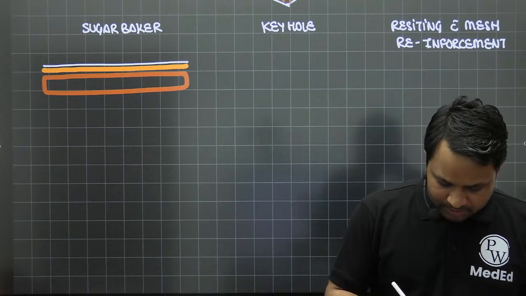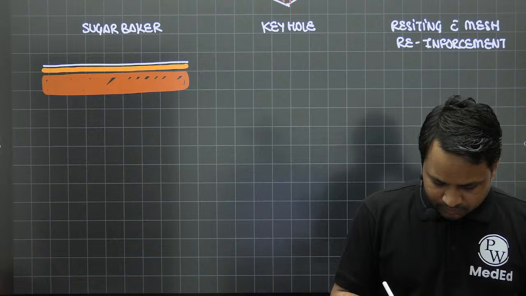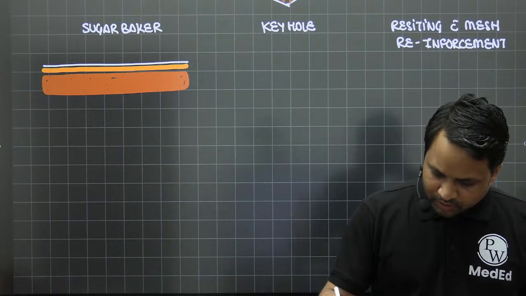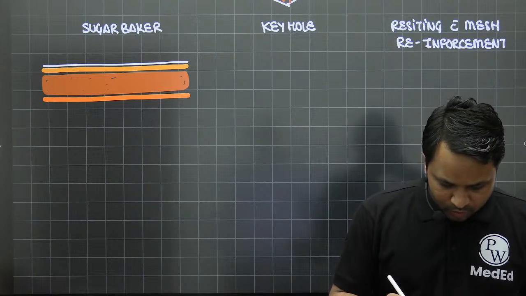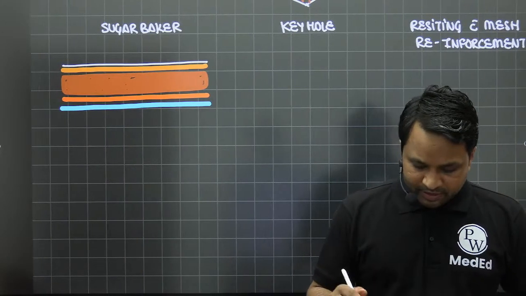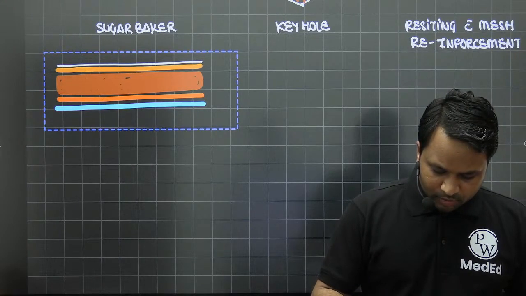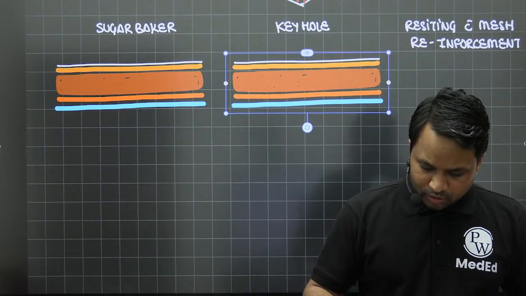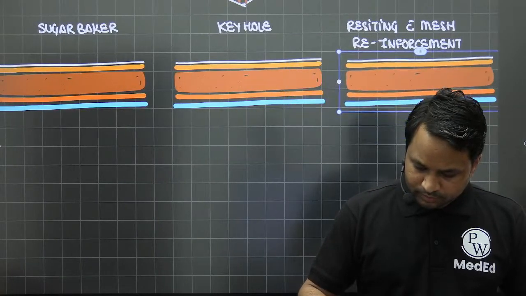Then you have your fascia transversalis, and then your peritoneum, which is present here. Everything is the same. We have not changed anything. The concept of the abdominal wall is being continued across.